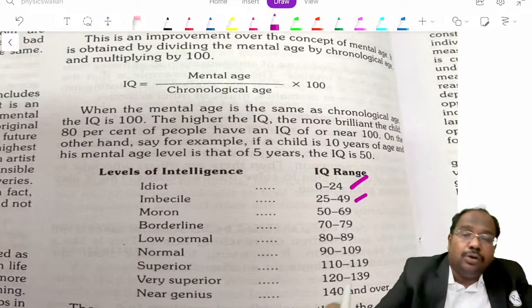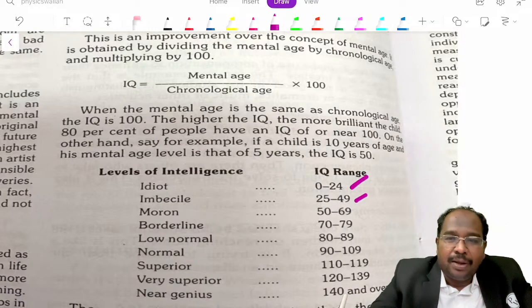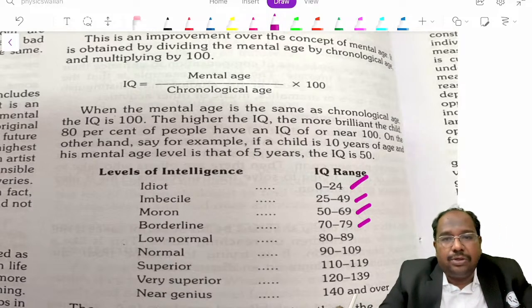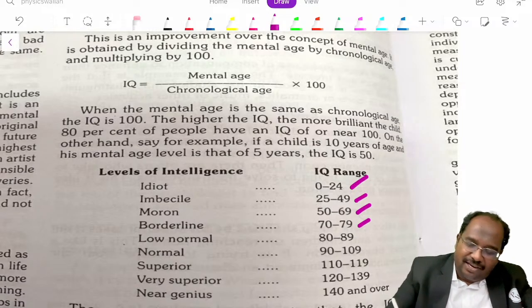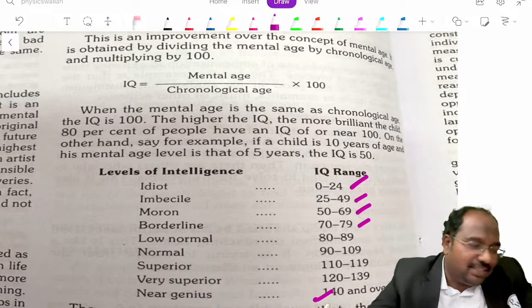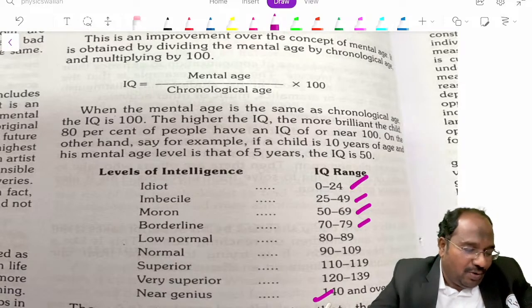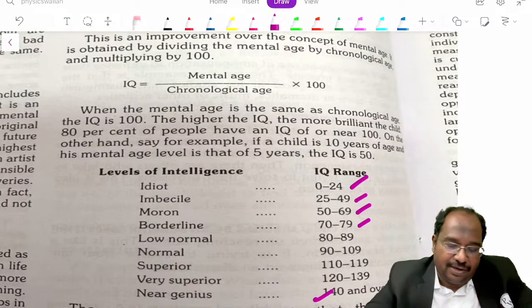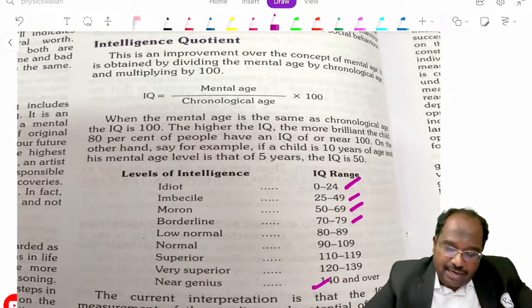Imbecile means 25 to 49. Moron means 50 to 69. Borderline means 70 to 79. Normal means 90 to 109. We ourselves will assume 140, so we consider ourselves geniuses.